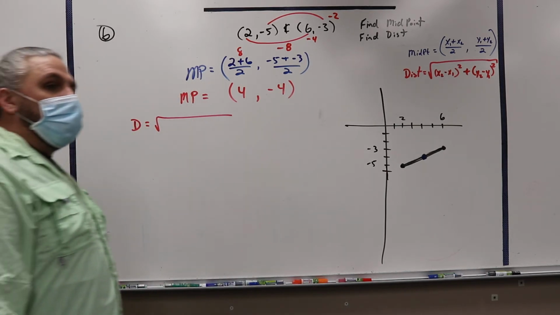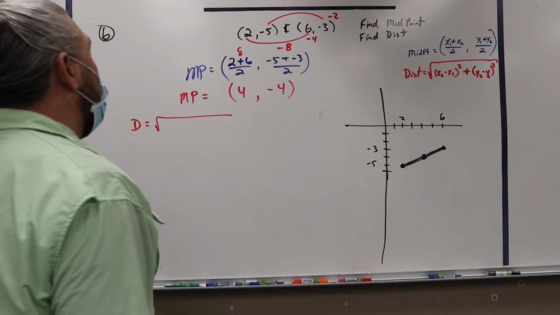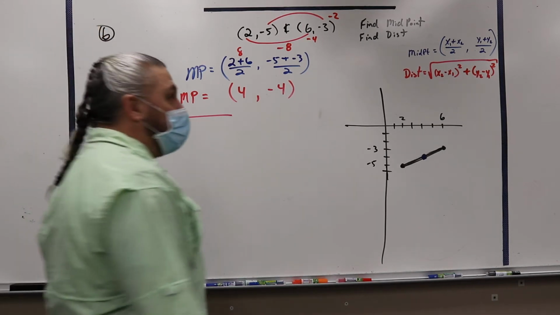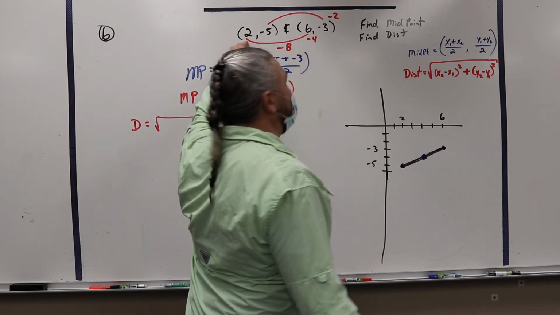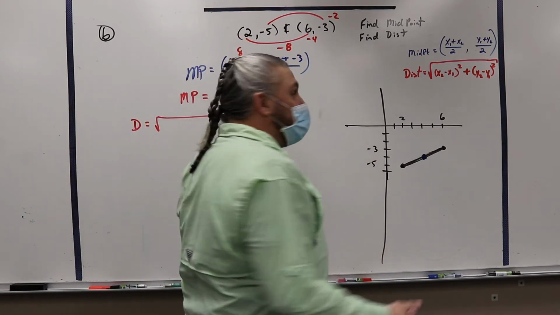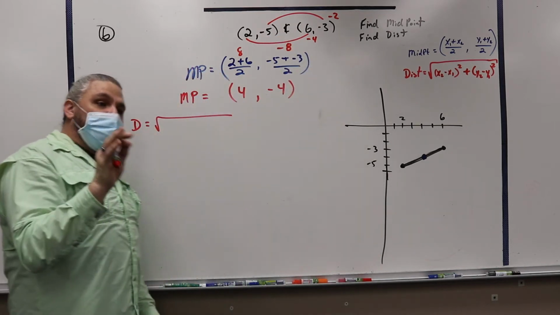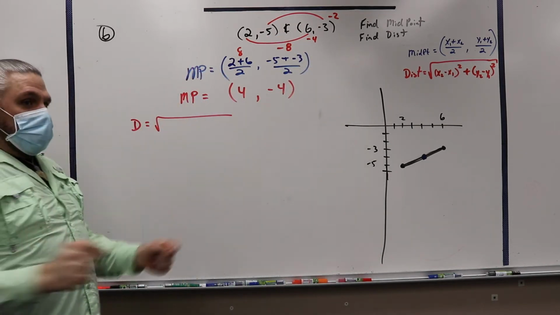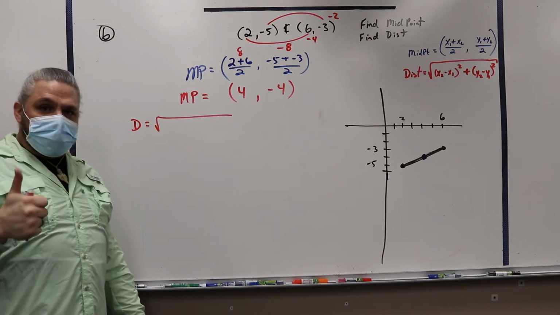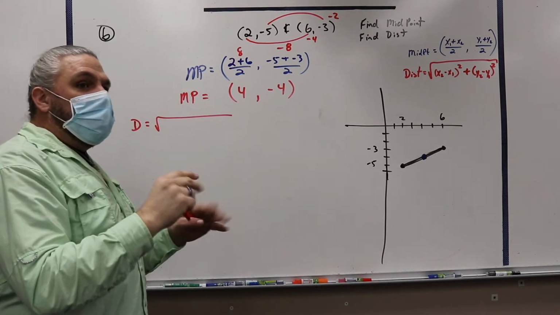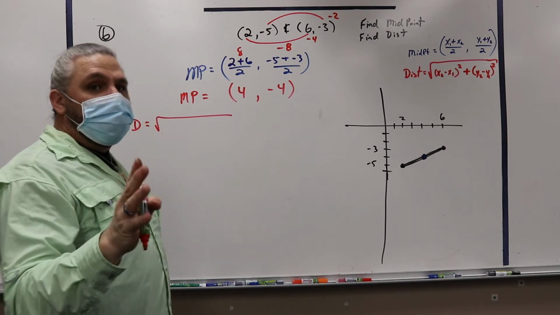Then why does it say like x2 minus x1? Because you can do it that way also. So I can take this one away from this one, right? And I can take this one away from this one, as long as I do it in the same order, right? You should have learned that when you learned slope, that it doesn't matter which way you find it, as long as you go in that order, right?